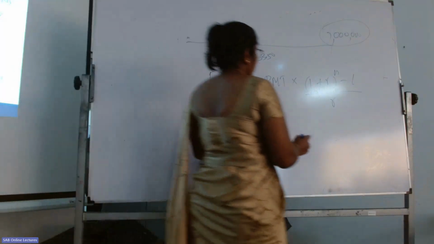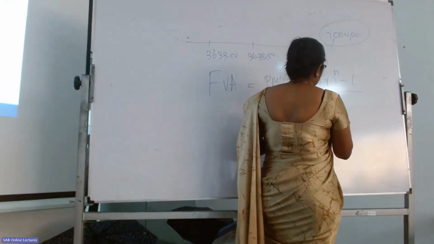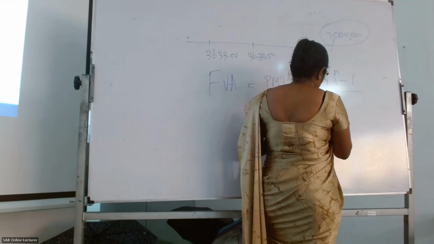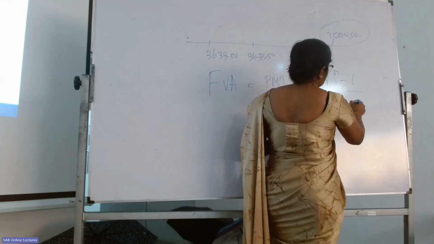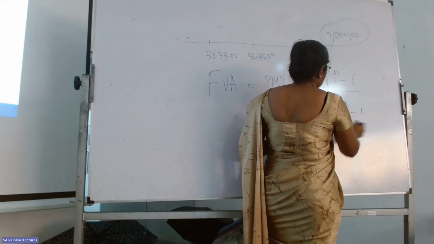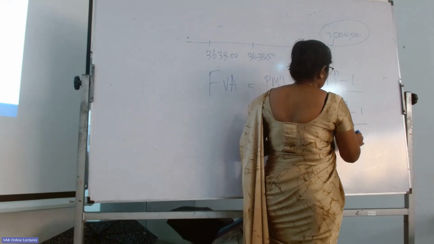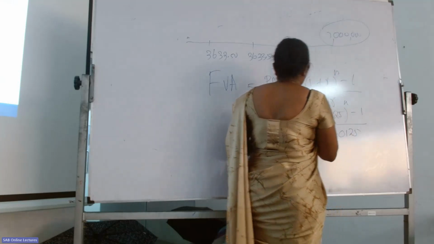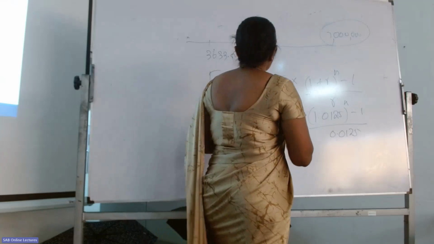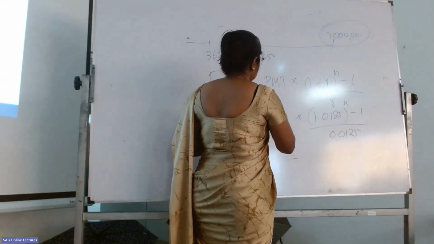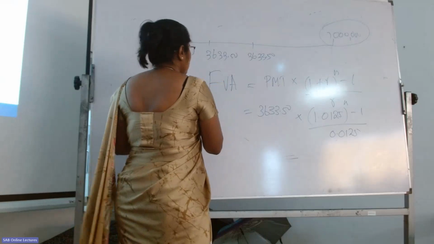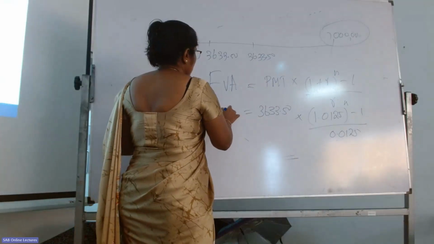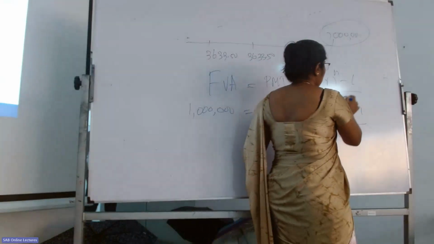So 1.0125 to the power n minus 1, divided by 0.0125, and we are making monthly deposits of 3,633.50, which is equal to 1 million. So you have to solve this formula for n.